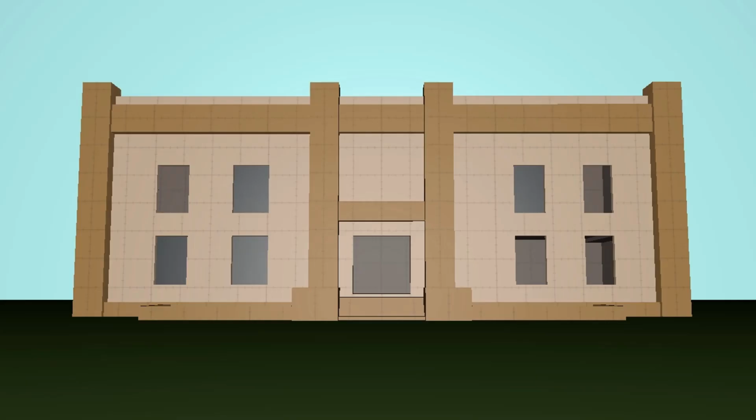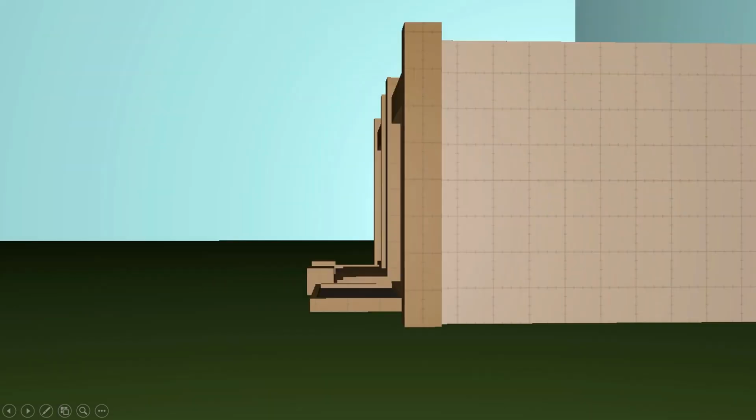If we have a building here, seeing it from the front is very impressive. But it gives almost the least amount of information about what this wall's 3D structure is. If we were to look at it from the side, you could see how parts of this building are stretching out from it.